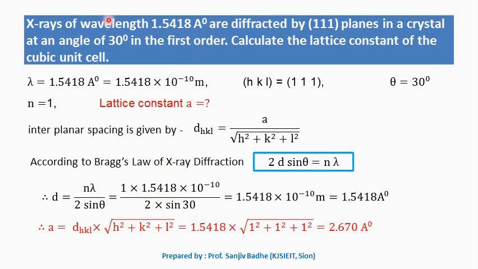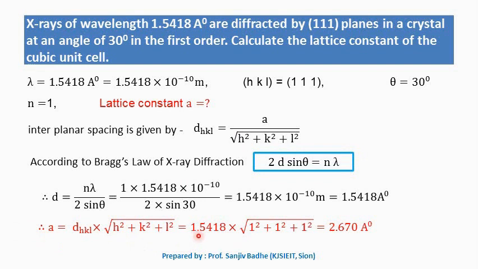n is equal to 1, first order. Lambda is given to us 1.5418 angstroms, and theta is given to us 30 degrees. So d can be calculated as 1.5418 into 10 raised to minus 10 meters. So actually here sin theta will be equal to 1 by 2. So 2 will get cancelled, and lambda will be equal to d. So once d is calculated, we can write the relation for a as d hkl into square root of h square plus k square plus l square, and we can calculate value of a.